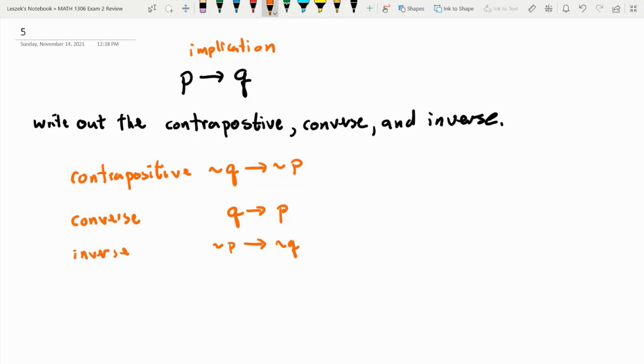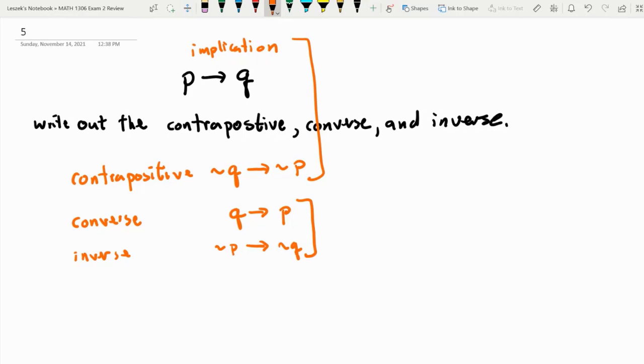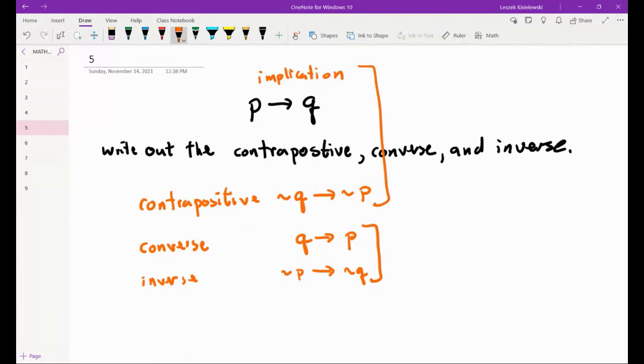It doesn't have the same truth value as the implication. But the inverse is logically equivalent to the converse, just like the contrapositive is logically equivalent to the implication. All right. So we make sure we know those definitions.